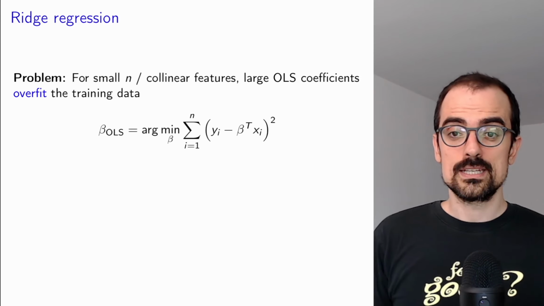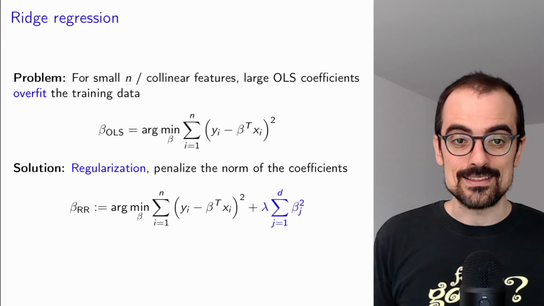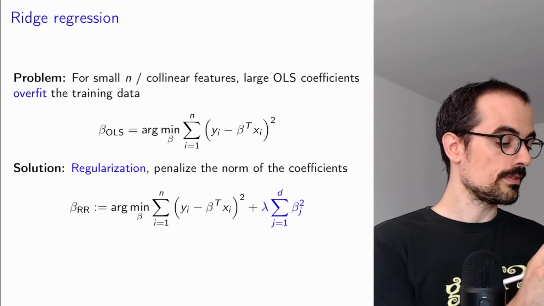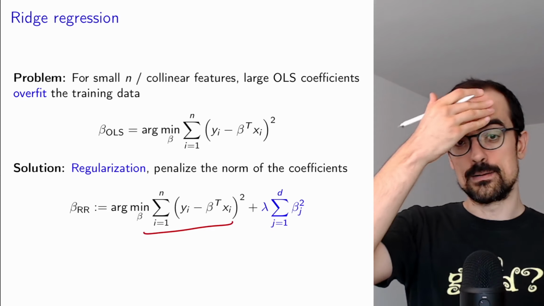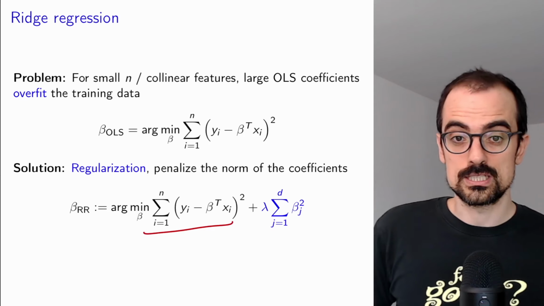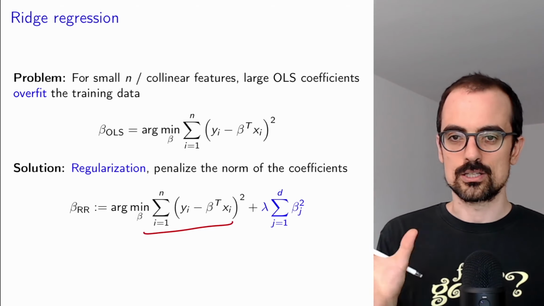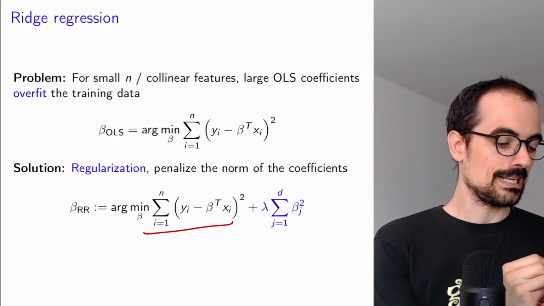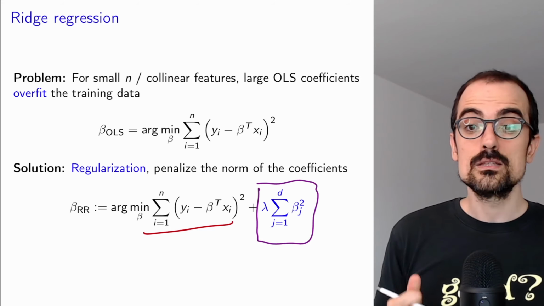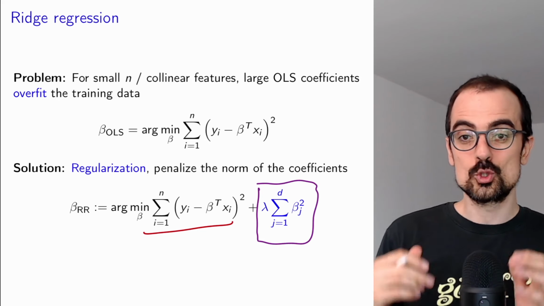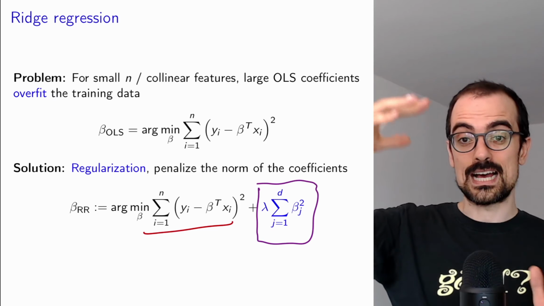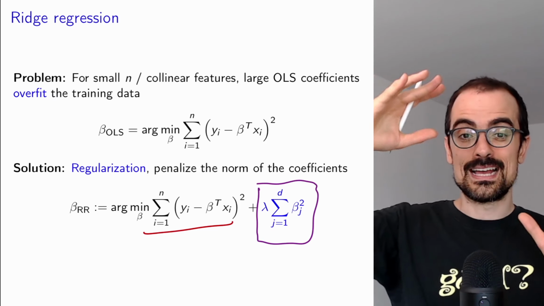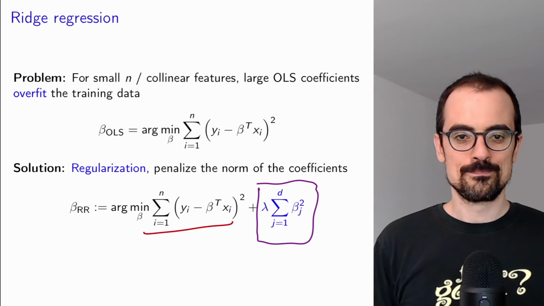In order to avoid this, one can add an additional term to the ordinary least squares cost function. Realize that here we don't have an intercept because we're assuming that everything is centered to have zero mean. And that additional term penalizes the L2 norm of the linear coefficients to prevent them from becoming too large and thereby overfitting the training data.